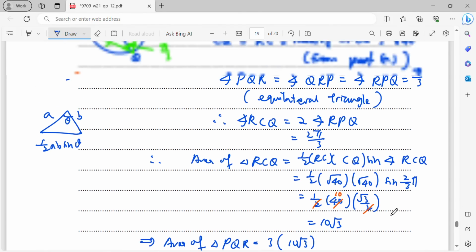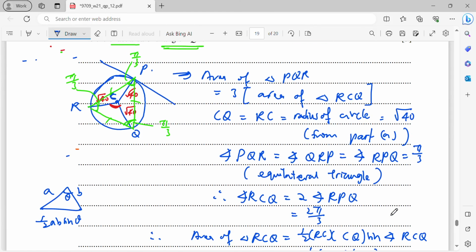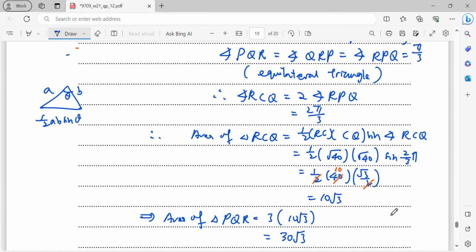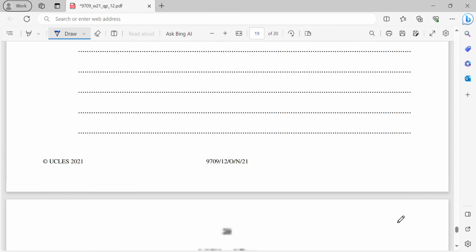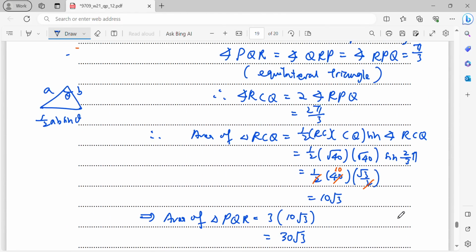So this is the exact area of the triangle. Okay, so that's all for this question paper, and that is the end of the video.